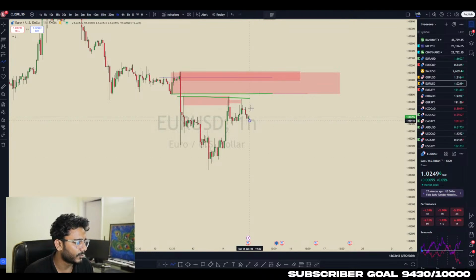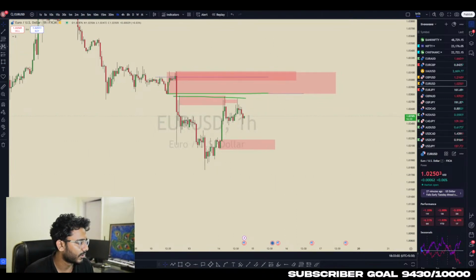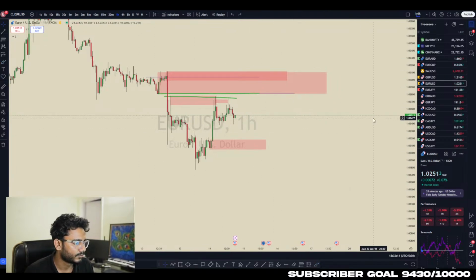So I'll be waiting for price to react from this order block, and then in the continuation, I'll be looking for the sell side. It's very risky to directly take entries. And also we have this buy side order block. Price has swept this low and then created a new high, so price can sweep this liquidity and then continue to the upside. So we have both sides. Let's see what happens.